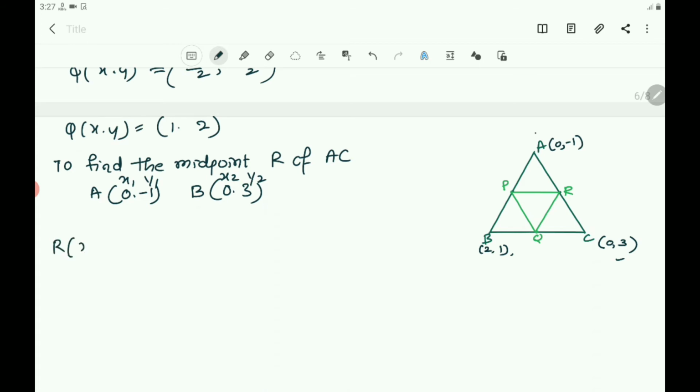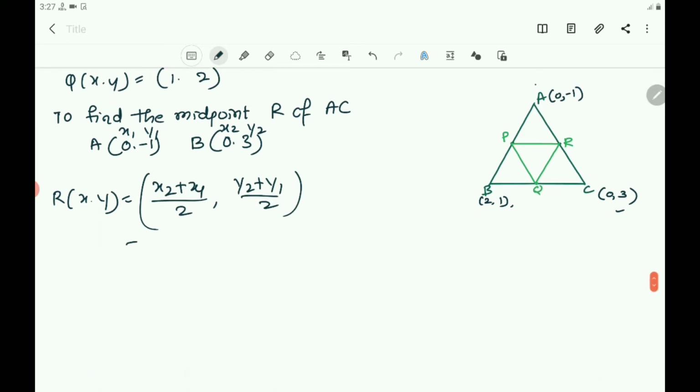R of xy equals x2 plus x1 by 2, y2 plus y1 by 2, that equals x2 is 0, 0 plus 0, x1 is also 0 by 2, and y2 is 3, 3 plus y1, that is minus 1 by 2.